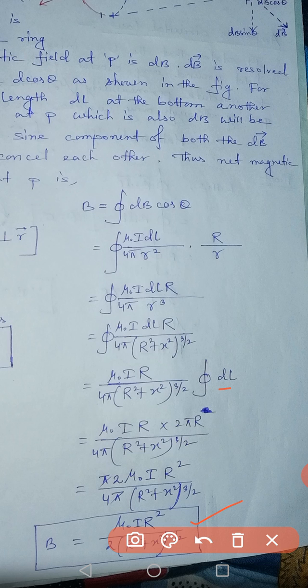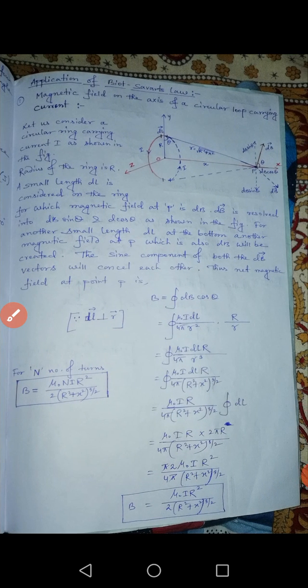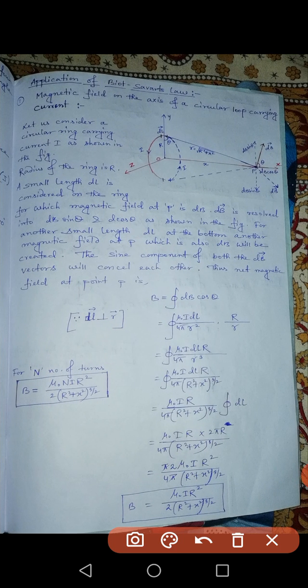This is the equation of the magnetic field at point P, which is on the axis of a circular coil carrying current. And this is the application of Biot-Savart's law because we are using the formula from Biot-Savart's law.